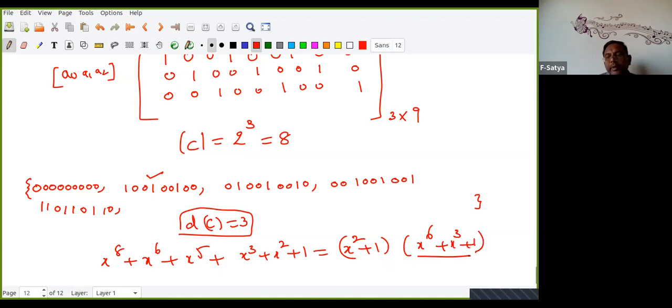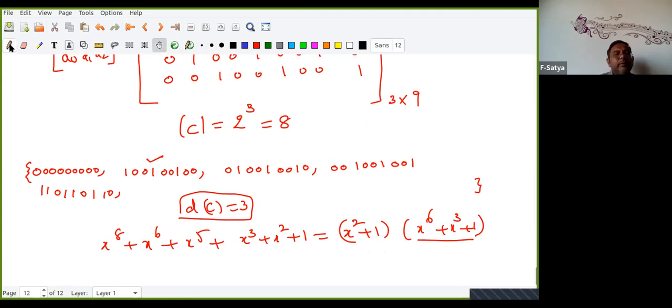So it is a multiple of this polynomial, right? So because of that, this is a code word.